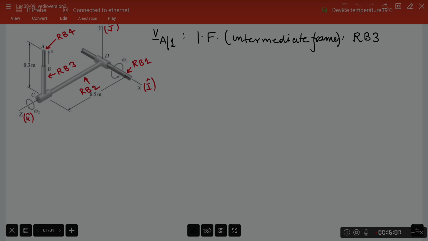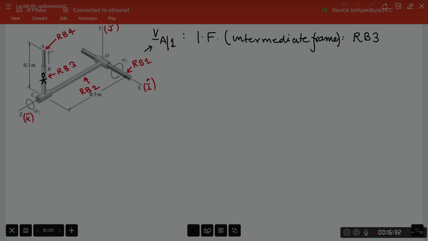What guides my choice? I choose a frame to be an intermediate frame to find this quantity, because if an observer is sitting on RB3, the motion of A becomes very straightforward.